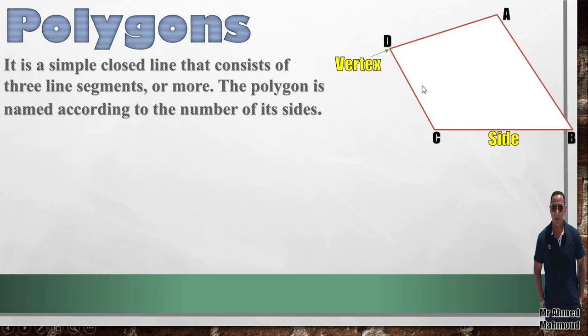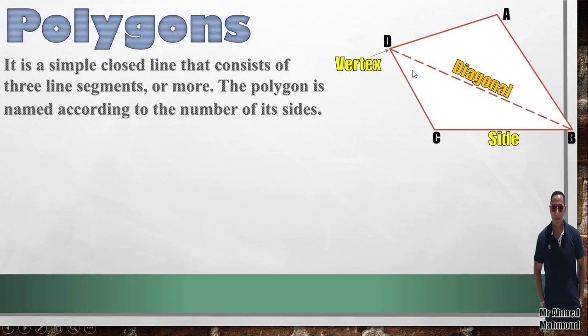Now the line segment connecting 2 points opposite to each other inside the polygon is called a diagonal. By connecting A and C we get a diagonal, and by connecting B and D we get a diagonal.